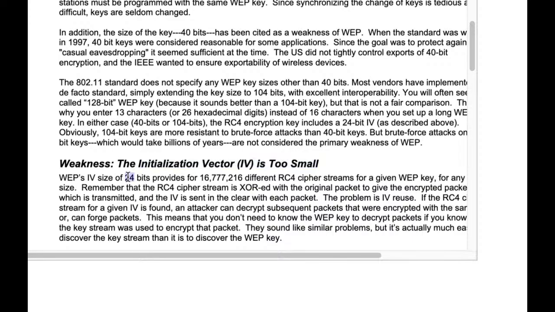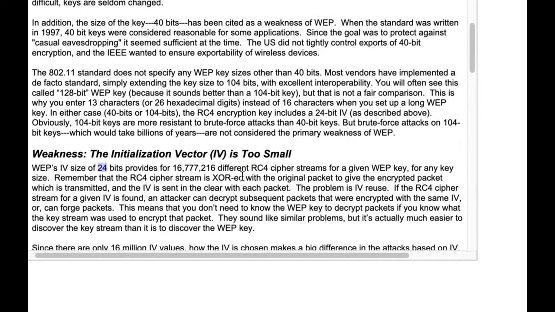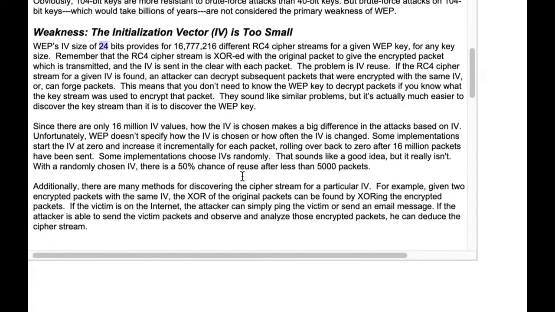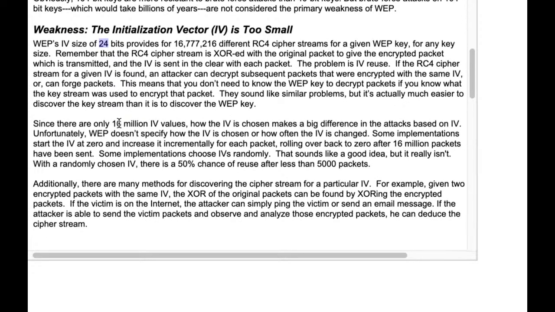They chose 24 bits for the initialization vector, and apparently, and I won't go through the attacks, there were only 16 million possible initialization vector values, and hackers were able to use this information to break RC4, just because they chose the wrong length of the initialization vector. This whole protocol got screwed up, and everyone all over the world was able to crack it.